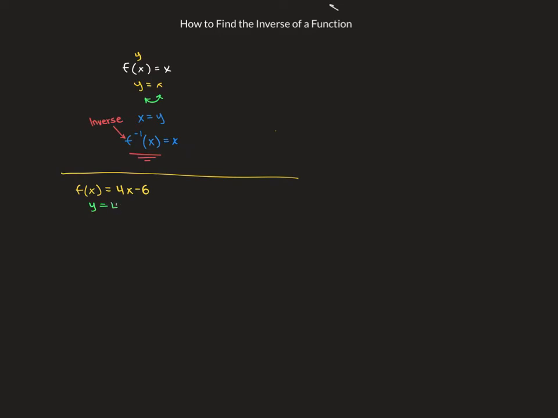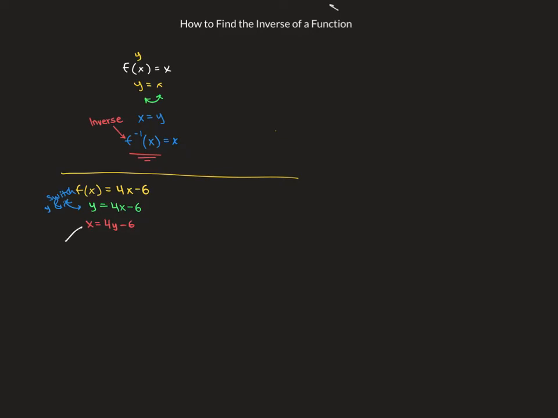So y equals 4x minus 6, and now we switch x and y. So that means we get x is equal to 4y minus 6, and then we solve for y.